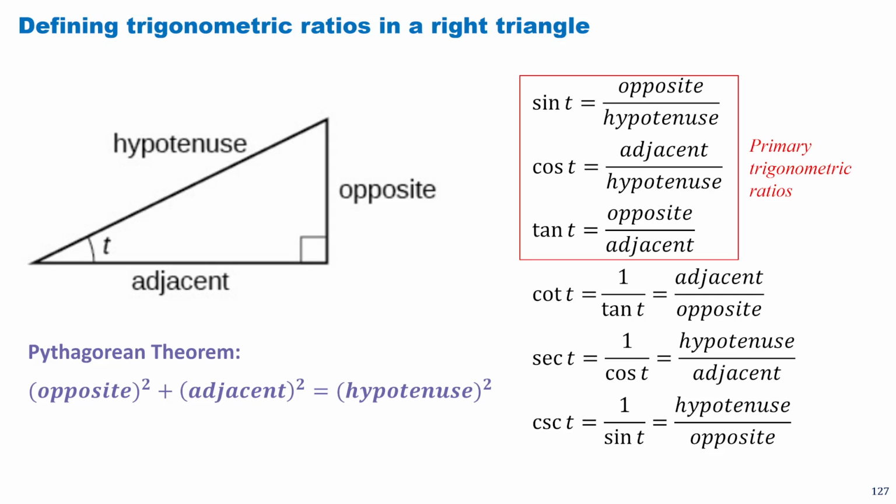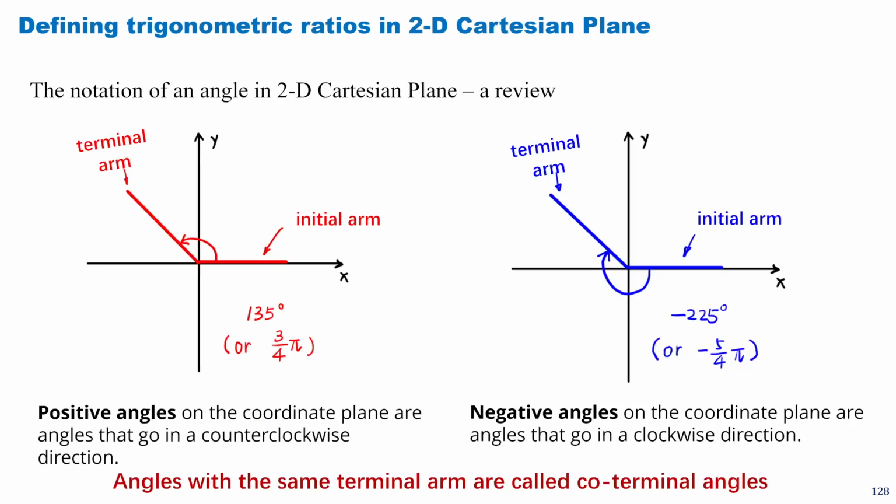And also actually we can extend this definition to any angle in the 2D Cartesian plane, right? Again, before we dive into the trigonometric ratios definition in the 2D Cartesian plane, let's have a look at some related concepts. So usually we can have any angle in the 2D Cartesian plane. Usually we'll use the positive direction of the x-axis as the initial arm of an angle. Then the terminal arm of an angle could be anywhere.